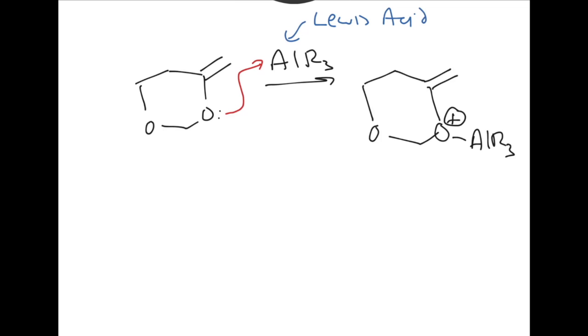Now this kind of looks like when an acetal falls apart, right? One of the oxygens gets a positive charge, and then the other oxygen can push electrons down and onto the other oxygen.